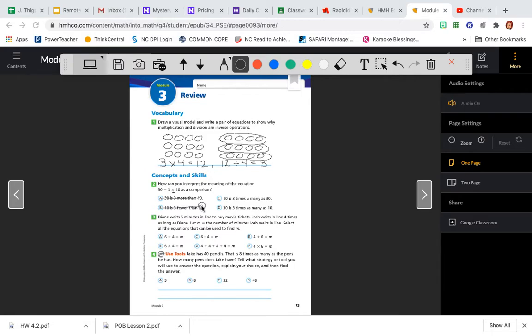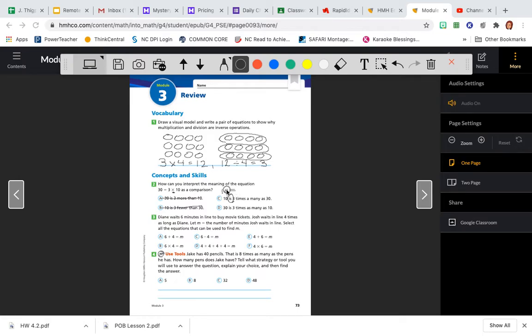30 equals 3 times 10. So I have 10 is 3 times as many as 30, or 30 is. Now remember we said that the word is represents equal. So what they're saying here is 10 is equal to 3 times 30.